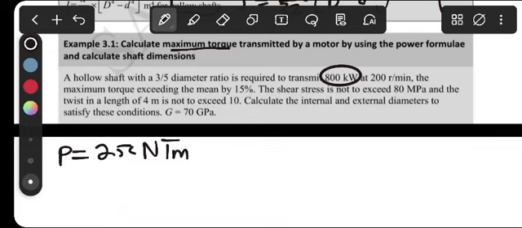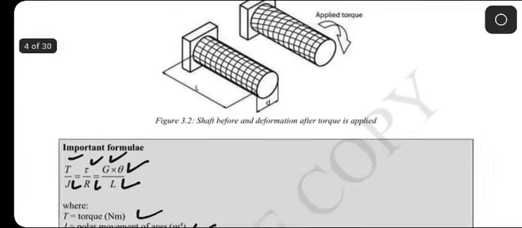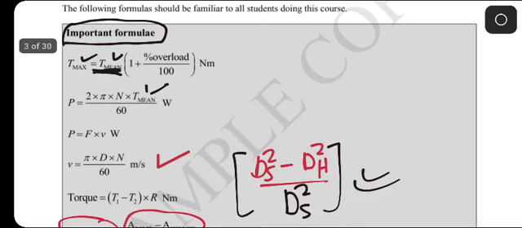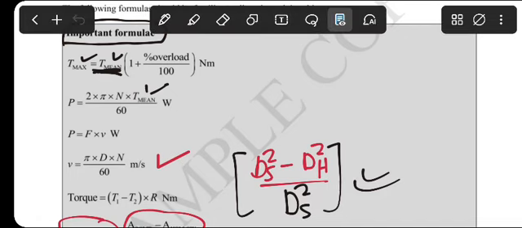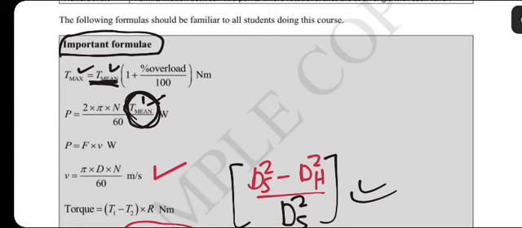I've discussed this formula before; if you have forgotten, check here. You see, I've shown you, here it is T mean. It's a mean torque.